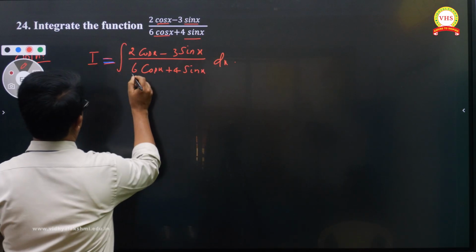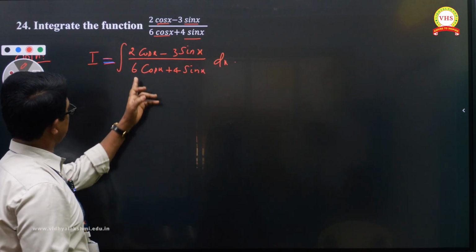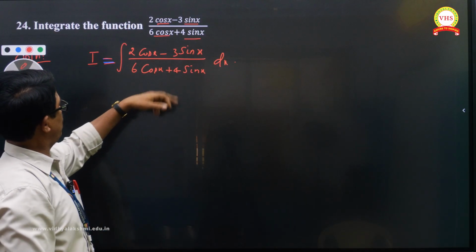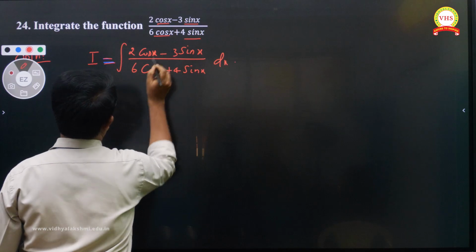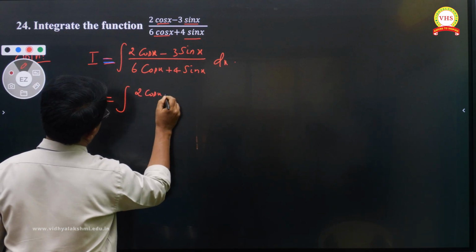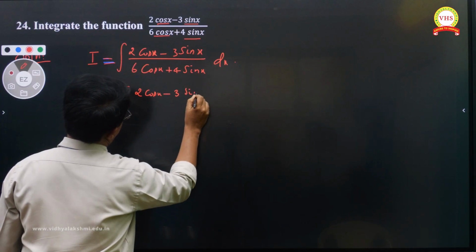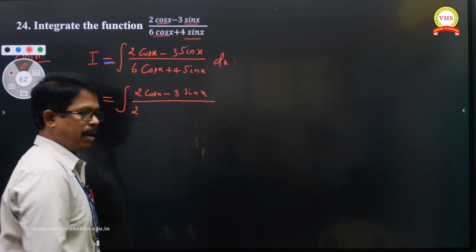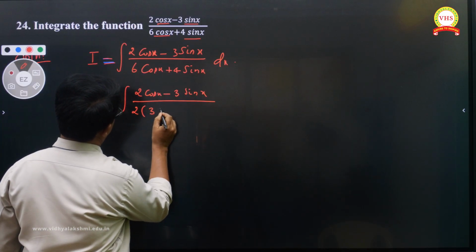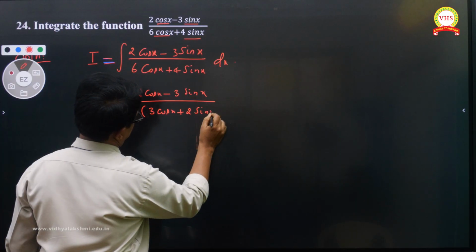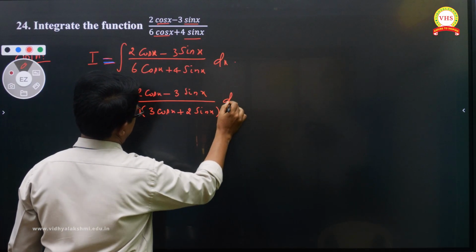But look at the constants. Some multiple of a constant belongs to the denominator as well as the numerator. At that time you have to take the common terms out of the denominator. That is 2 cos x minus 3 sin x divided by 2 taken outside from the denominator, 3 cos x plus 2 sin x into dx.